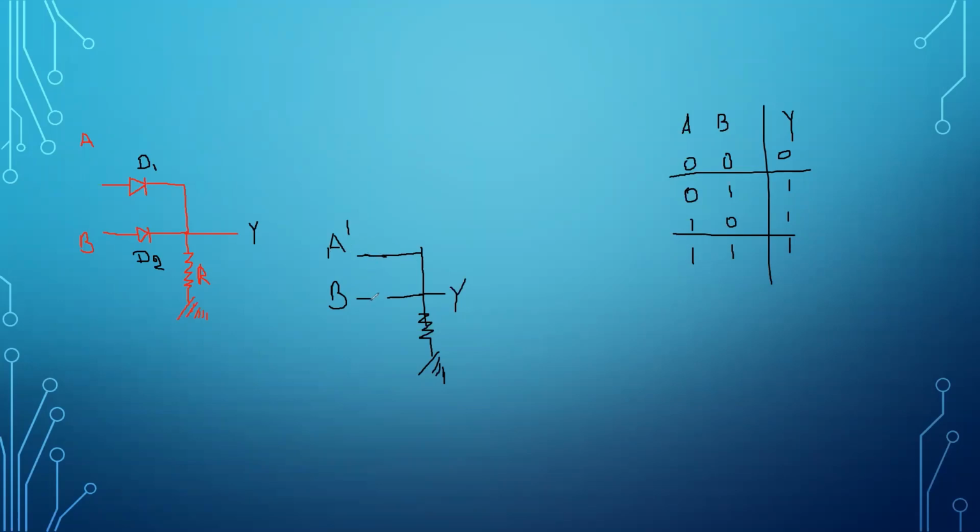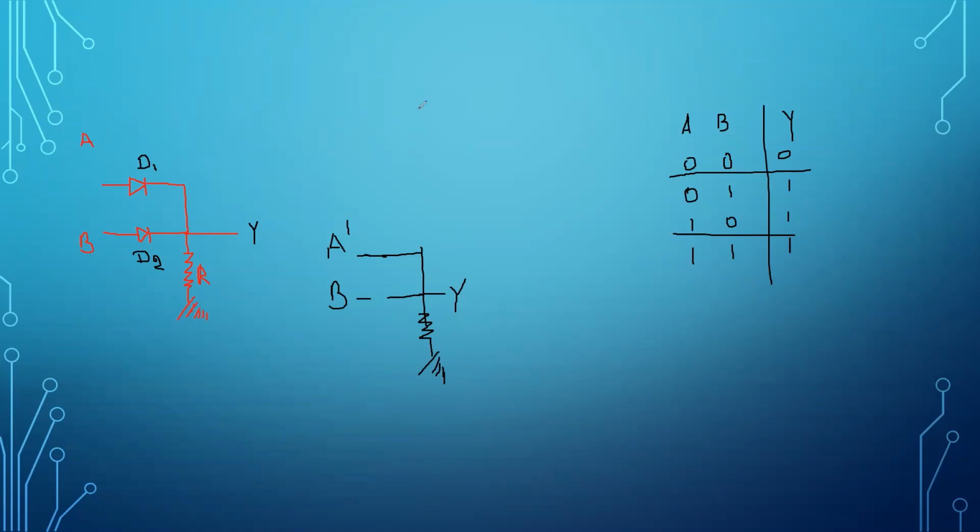That means the D1 diode will be on and it will give you a short path. Then the connection is like this. Now the output is connected to A. That means the output is equal to 1.